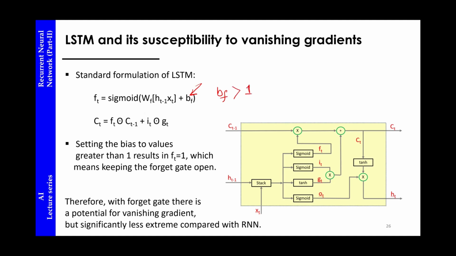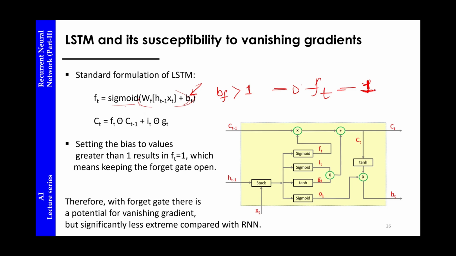This leads to a sigmoid of a large value inside the bracket, and finally we get f_t equal to 1, which means the forget gate remains open at the beginning of the training.